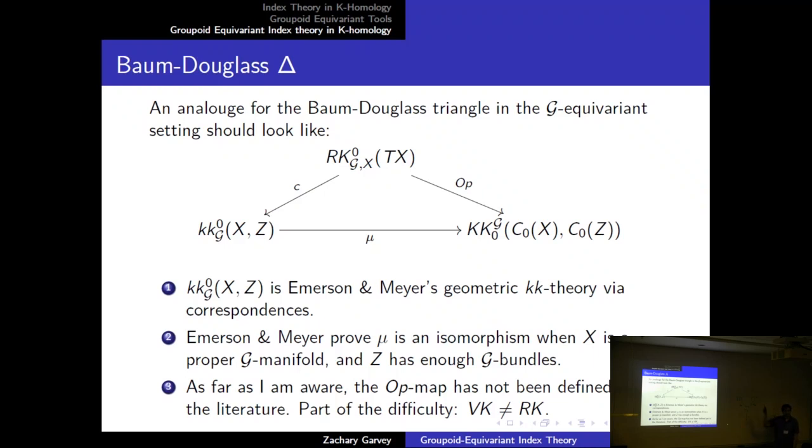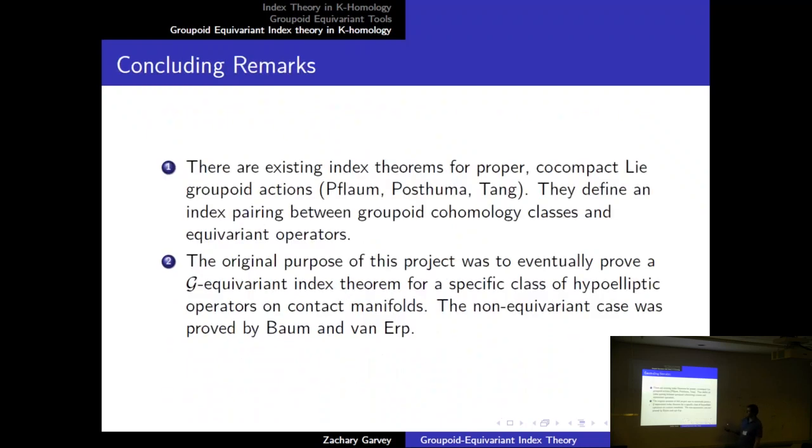Again, my original motivation was to do it for families, because an index theorem that my advisor proved with Paul Baum was about these hypoelliptic operators. And in this situation, the symbol of these hypoelliptic operators isn't actually in the K-theory of the tangent space. It's in the K-theory of some non-commutative C-star algebra. It's a C-star algebra of a groupoid that's formed out of the more interesting tangent space structure.